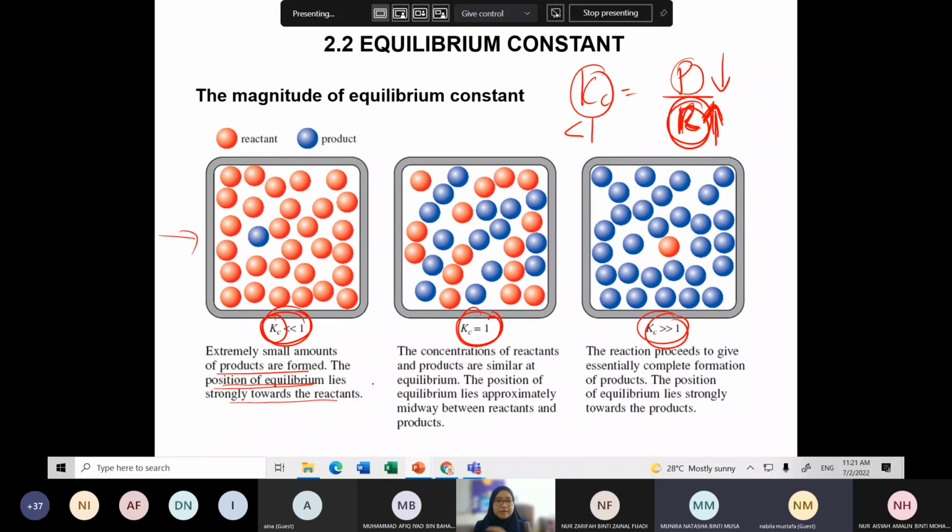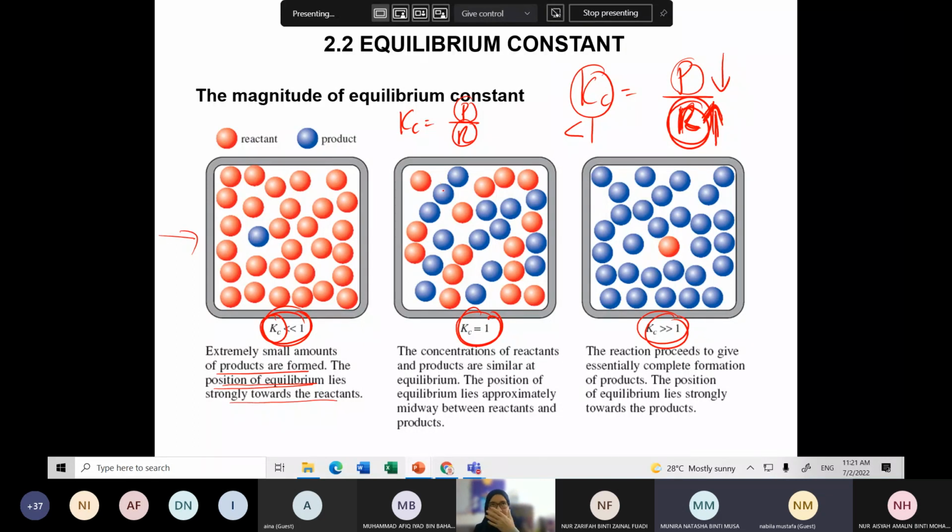Okay? Alright. So, KC is equal to 1. Okay guys, KC is equal to 1. Product over reactant. Sama. Kita pakai product over reactant. How do we get KC is equal to 1? Bila product and reactant are more or less the same. Kalau 10, 20 tu kita consider dia lebih kurang sama lah.